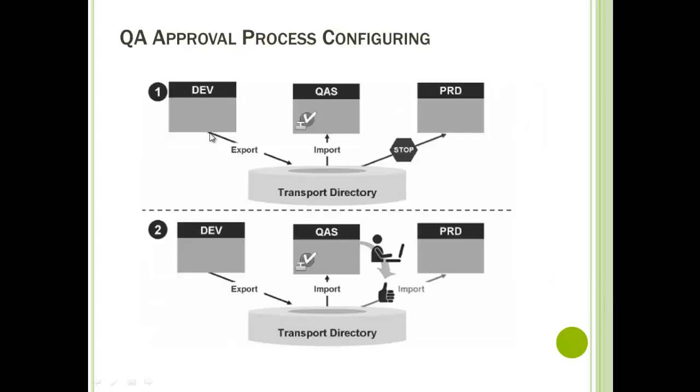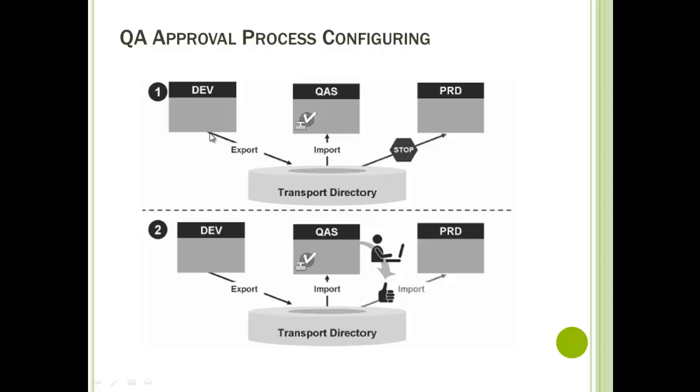Now let us see how the QA approval process is used in STMS, the transport management system TMS. The QA approval process is also quite important in a critical landscape. It's an optional step in the TMS.